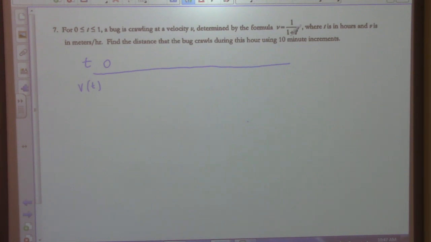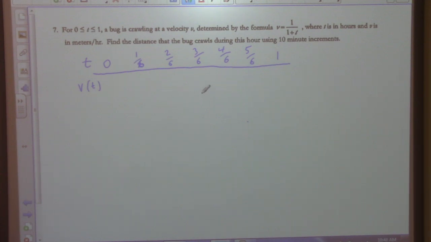You can plug in 0, right? So T is 0, and then we have 1/6, and then t equals the next sixth after that, that's going to be 1/3, right? I'll put 2/6 just to make it easier. 3/6 of an hour, 4/6, and then 5/6, and then 6/6, or 1, right?